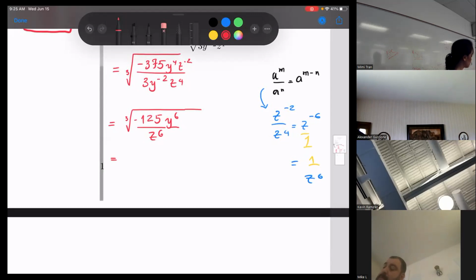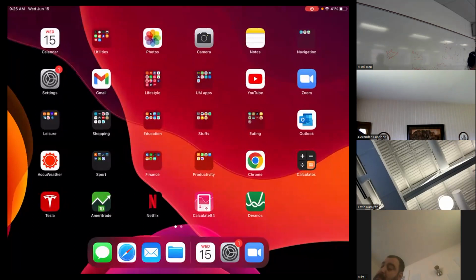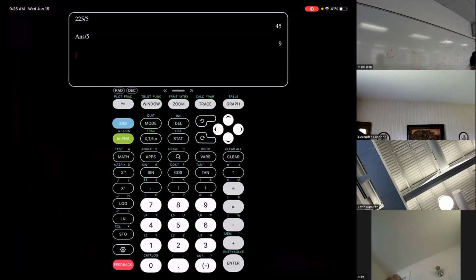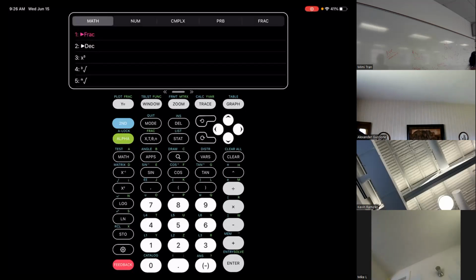You have your calculator. You don't have to do it by hand. Maybe I'll show you how to do it again. If you have a graphing calculator, if you want cube root, you go to math, 4 button down, then cube root right there, number 4.